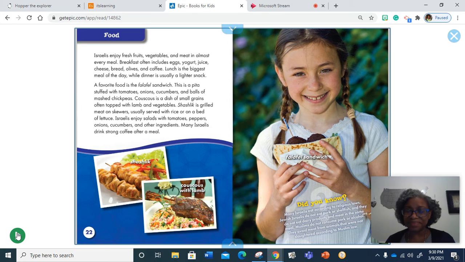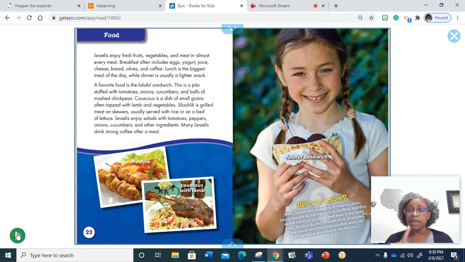Sounds pretty good. So you are going to take the time to have your journal, make your boxes and bullets, find your country that you want to report on, and then it's a Read to Me book. But just because it's a Read to Me doesn't mean you don't need to focus and find those facts that you want to write down in your book. Your teacher's going to be there to help you.